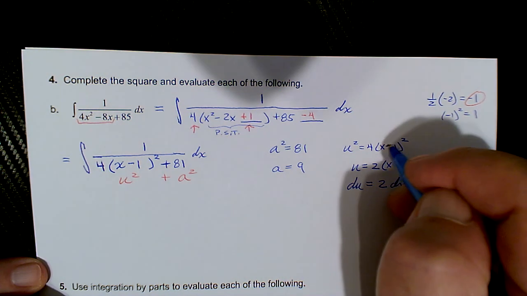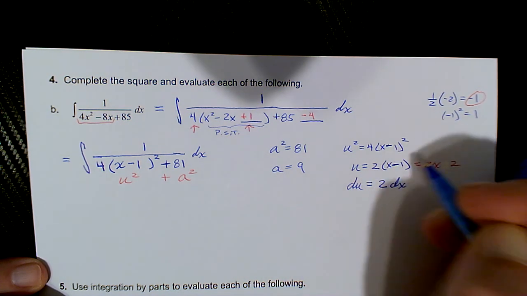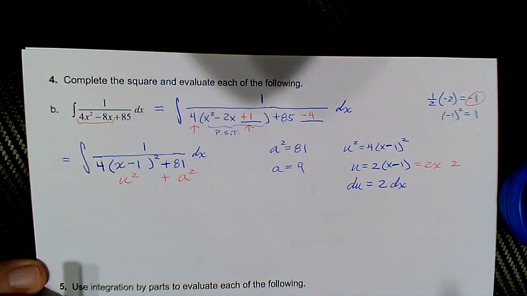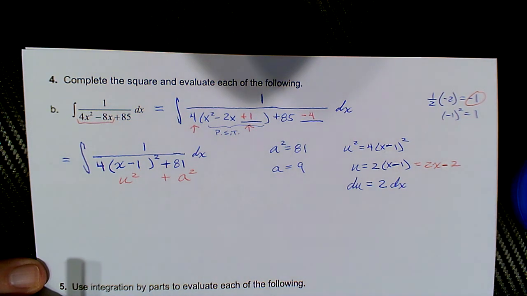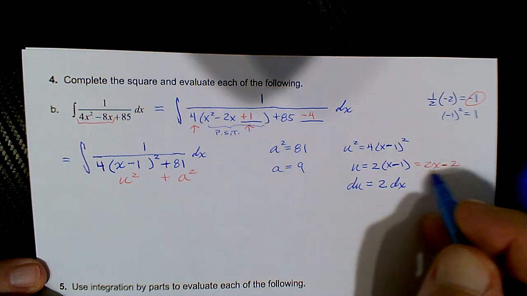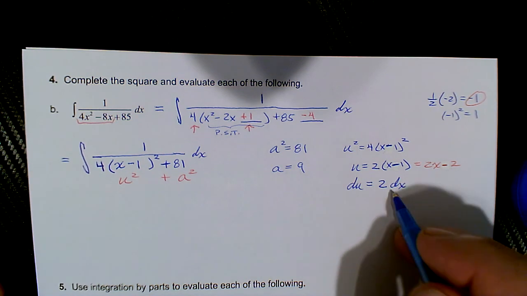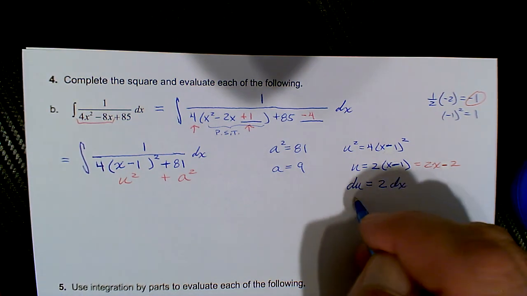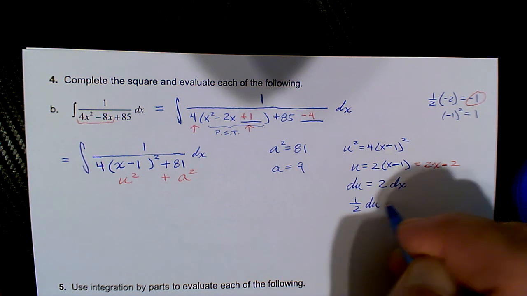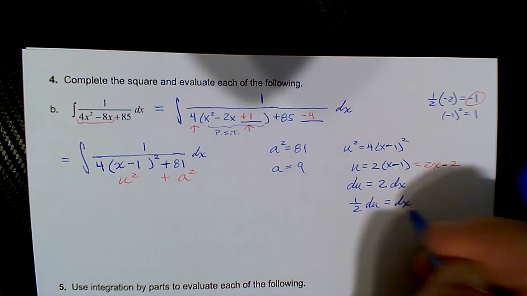So please make sure you make that correction. So it's x minus 1 quantity squared, which would make that 2x minus 2. So if you have to distribute and then calculate the differential du, that's fine. But no matter how you get there at this point, we modify. So 1/2 du is the differential dx.